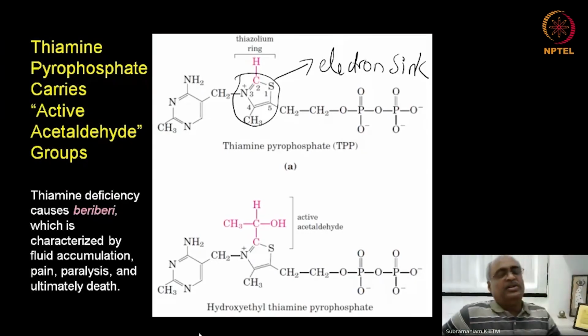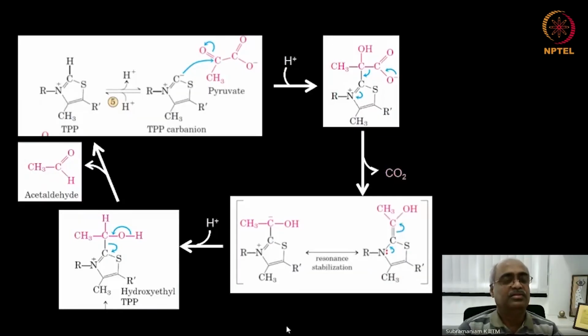In India, malnutrition is still common, so vitamin deficiency is still a problem. So I can't undermine the importance of this. Okay, let us get to the reaction mechanism of pyruvate decarboxylase. In school, you may have memorized that vitamins are important. Now you are actually seeing where the vitamins actually function.